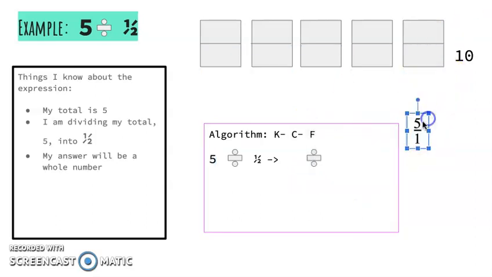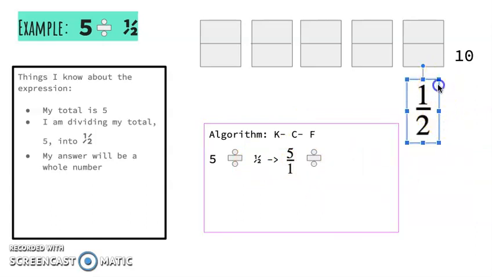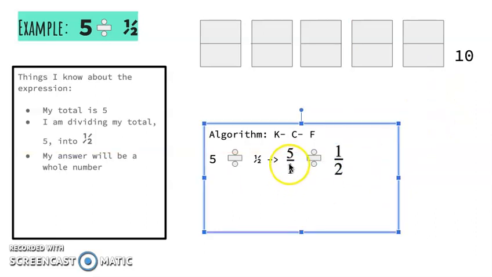So the 5 becomes 5 over 1. So 5 over 1 divided by 1/2. That stays the same. Okay. So that's how my expression should look now. 5 over 1 divided by 1/2.